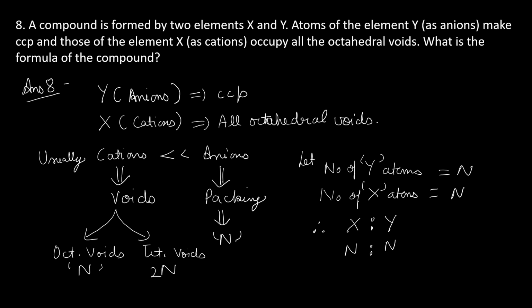So you can say the number of Y is n and X is also n. So the ratio will come out to be 1:1 and the formula of the compound will come out to be XY. So this is how to get the formula by knowing which particular voids are occupied by the cation and which atoms are involved in packing.